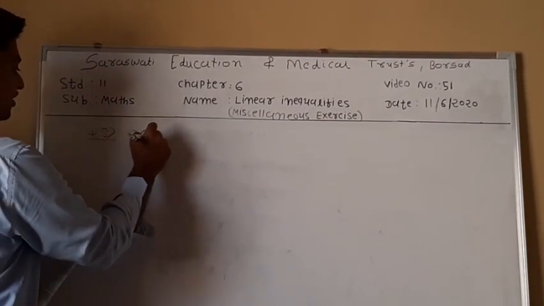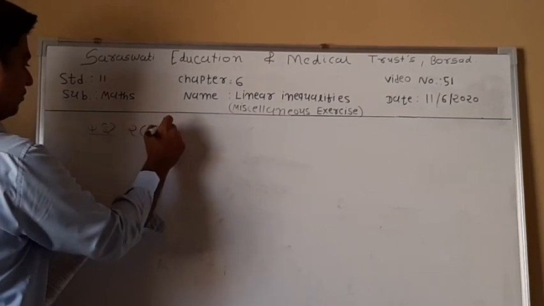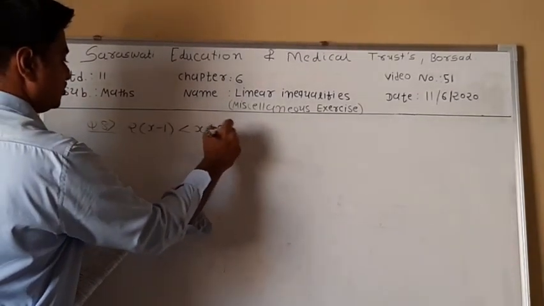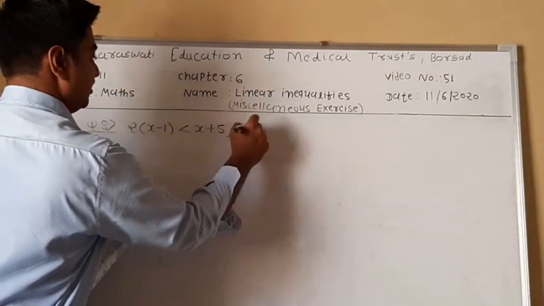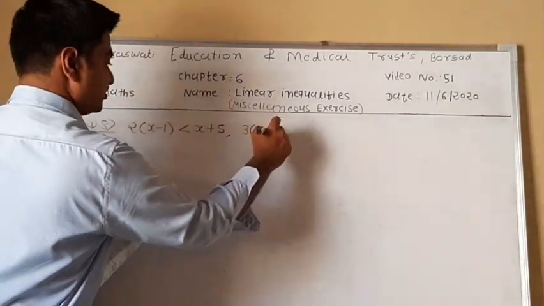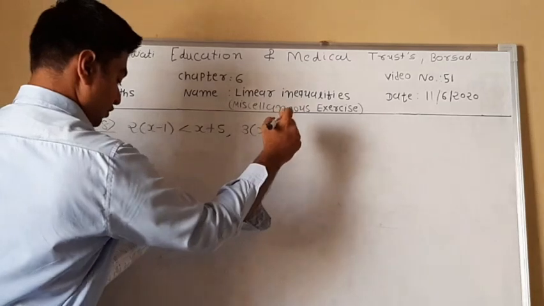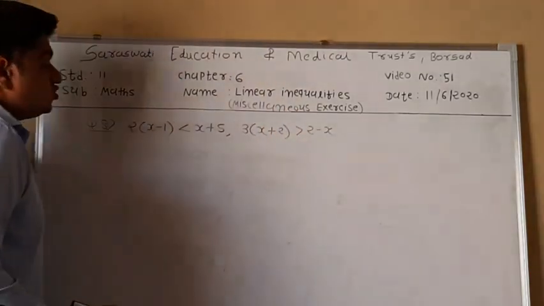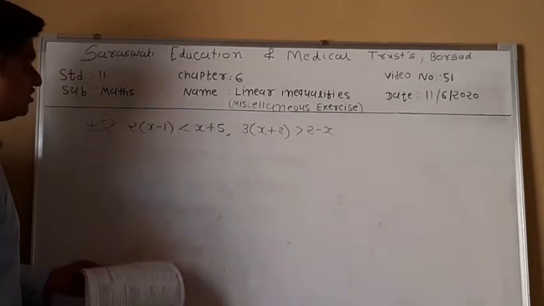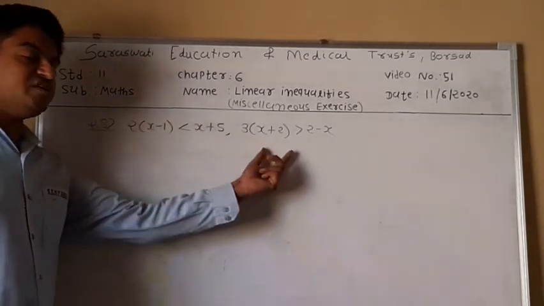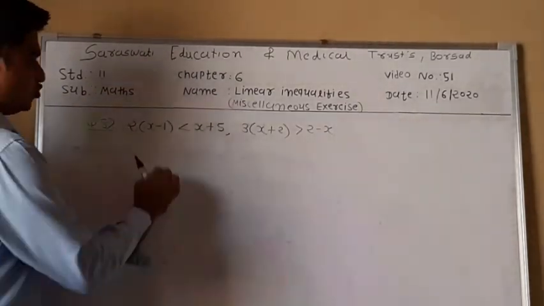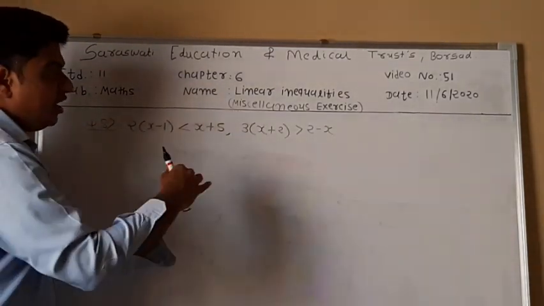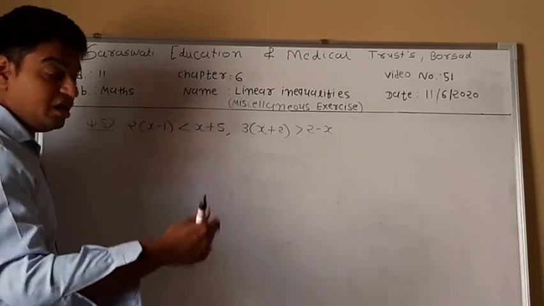2 into bracket x minus 1 less than x plus 5, and 3 into bracket x plus 2 greater than 2 minus x. So again two inequalities are present. Now solve both these, convert into the form of x, and then represent on the number line.